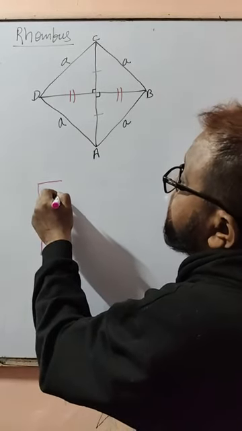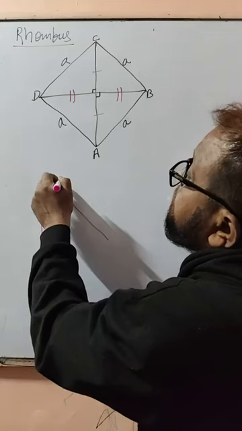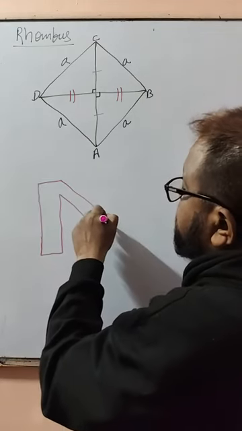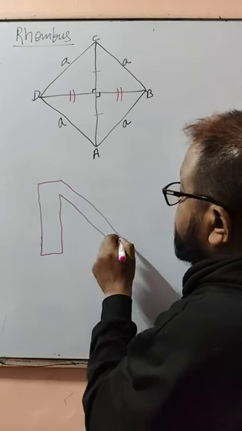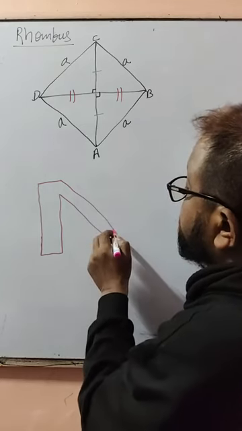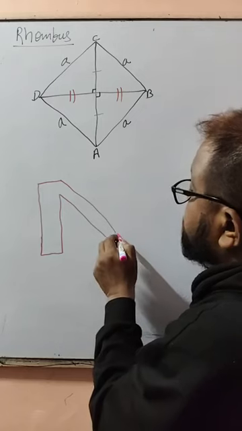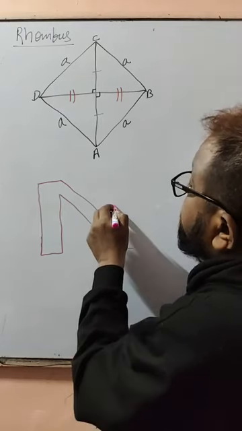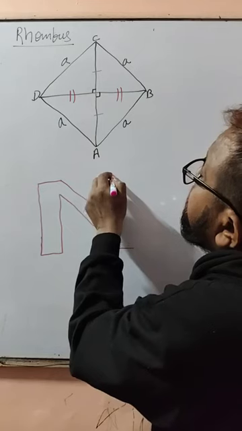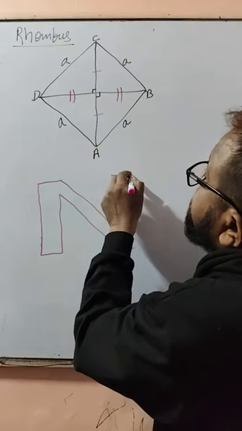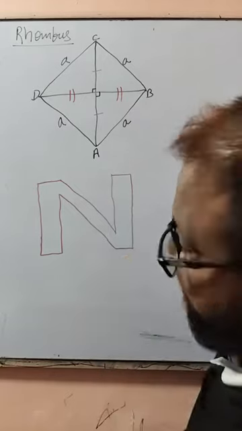Now it is like this. This. Right? Now we come to this. And this. And this is the object you have, right?